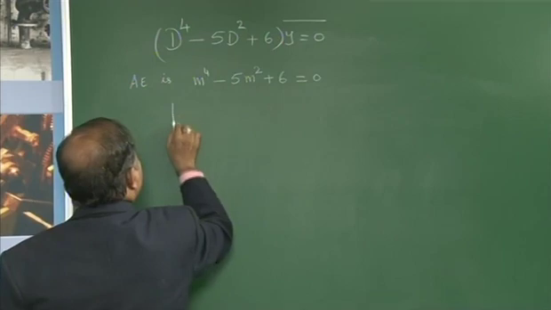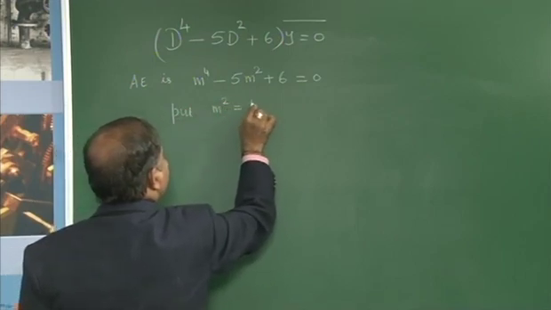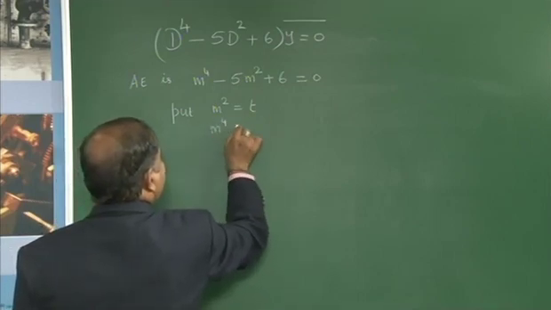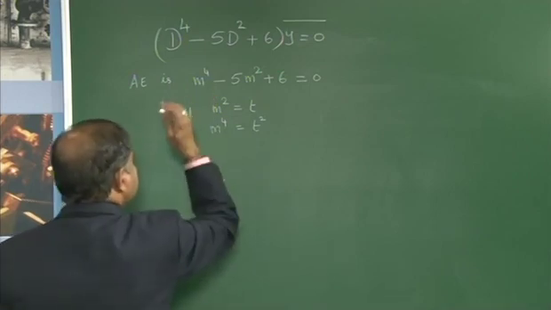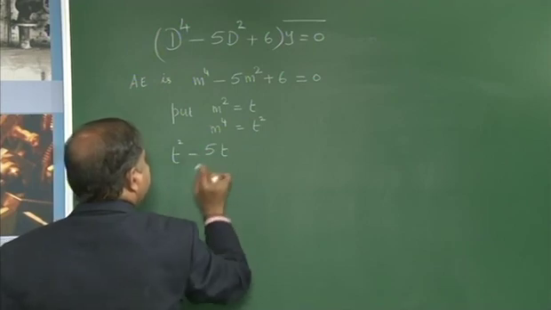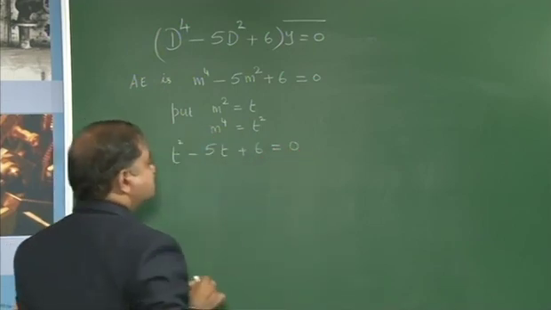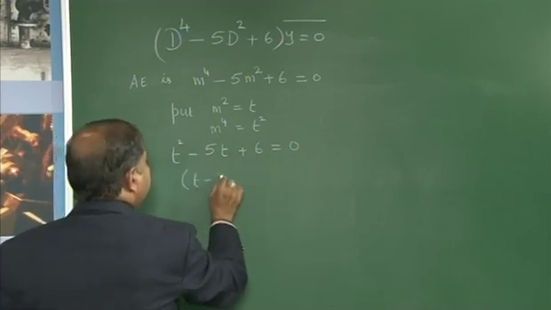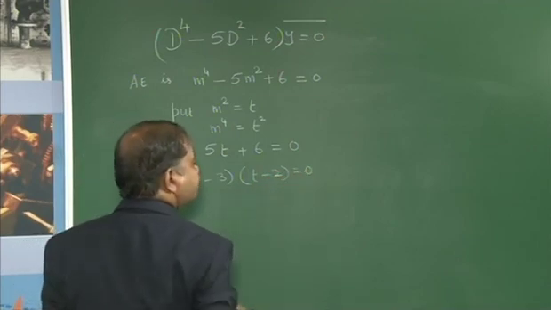What am I doing? Put m squared is equal to t. Square this, we will get m power 4 is equal to t square. So what happens to the equation? T square minus 5t plus 6. Factorize it: t minus 3 into t minus 2.